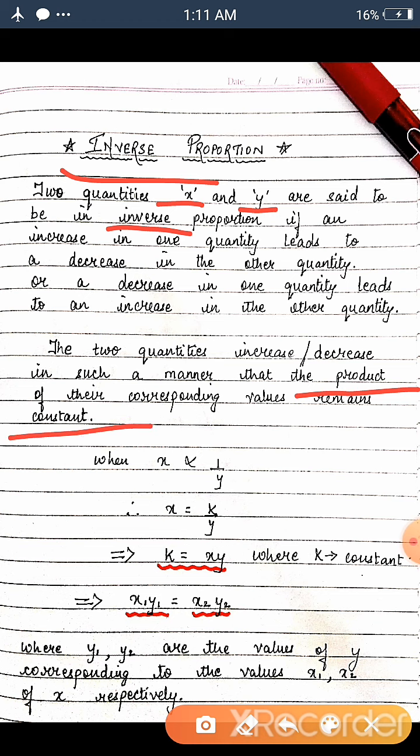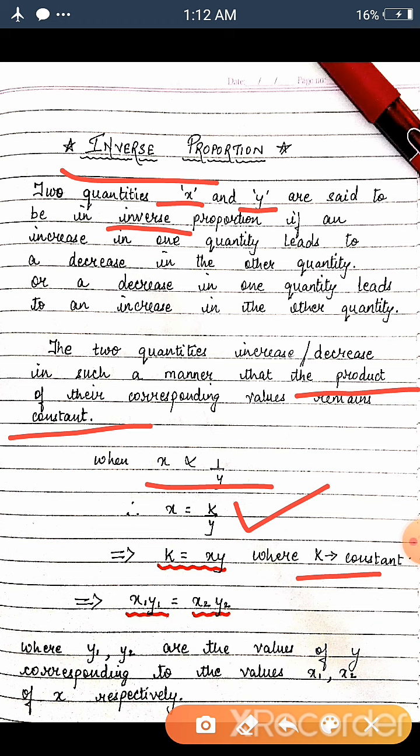So when I say x and y are in inverse proportion, they will be written as x is proportional to 1 upon y. Therefore, the value of x will be k upon y. So k will be equal to xy, where you all know that k is the constant of proportionality.